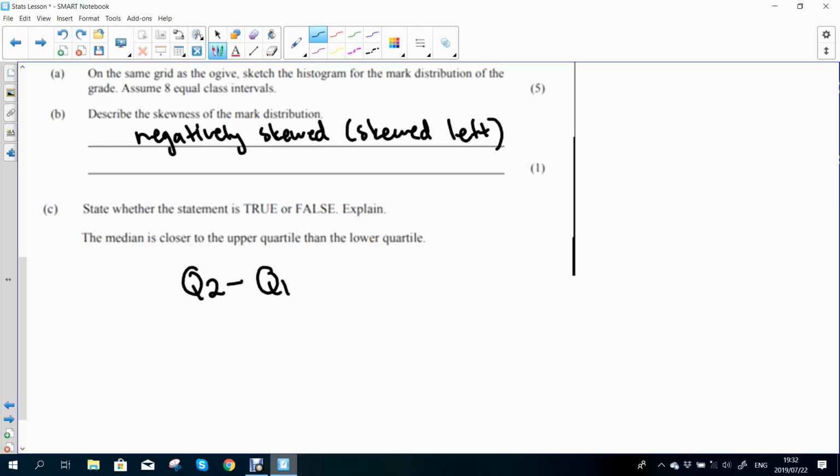If your quartile 2 minus your quartile 1, so this is your median, is bigger than quartile 3 minus quartile 2, then you have skewed to the left.